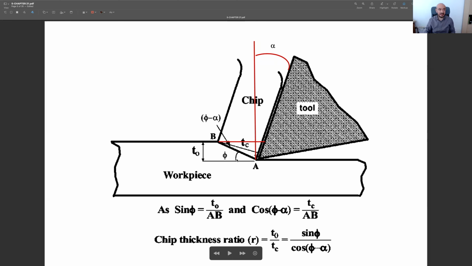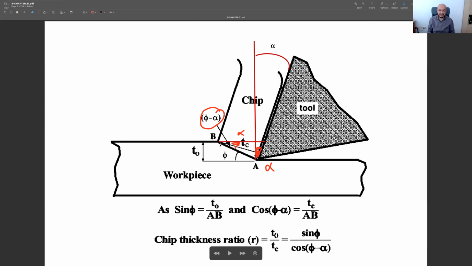And due to the similarity of triangles, this angle is again alpha, okay? And that's why this region is phi minus alpha.